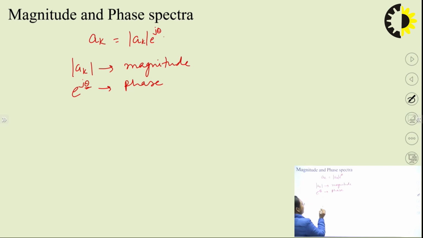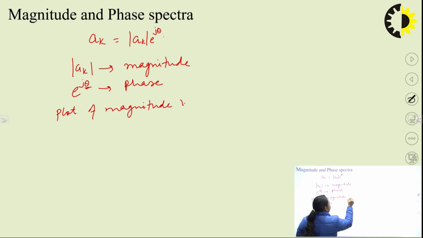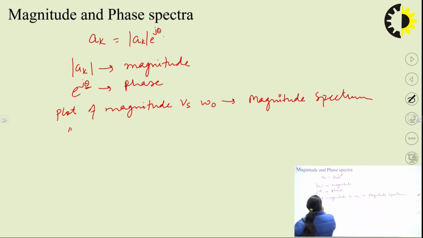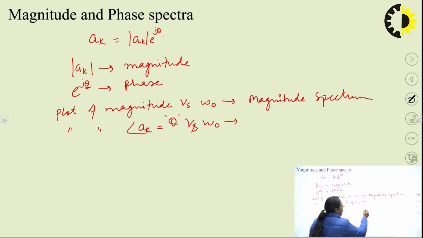The plot of magnitude versus omega naught, the fundamental frequency, is known as the magnitude spectrum, and the plot of the angle of ak, which equals theta, versus omega naught is known as the phase spectrum.